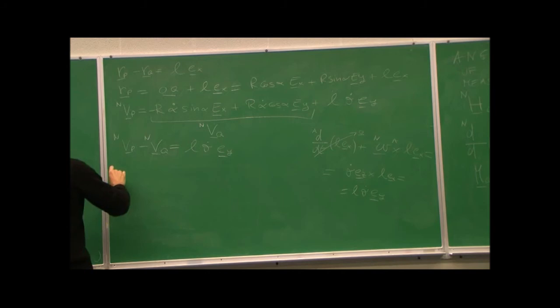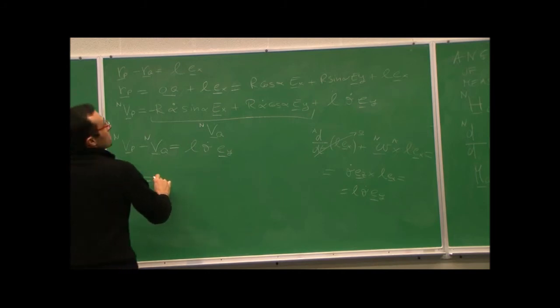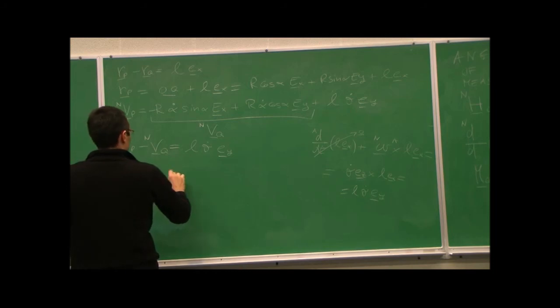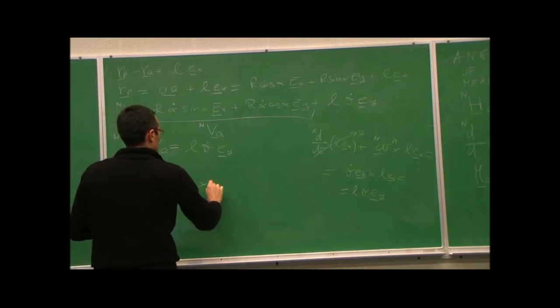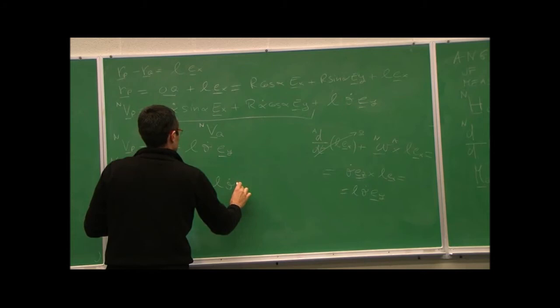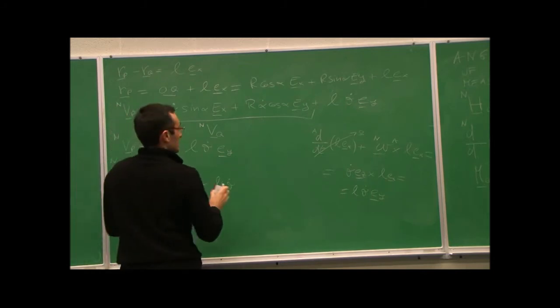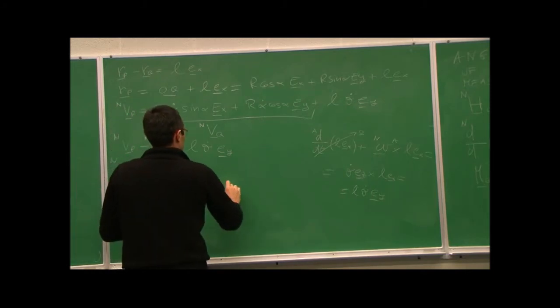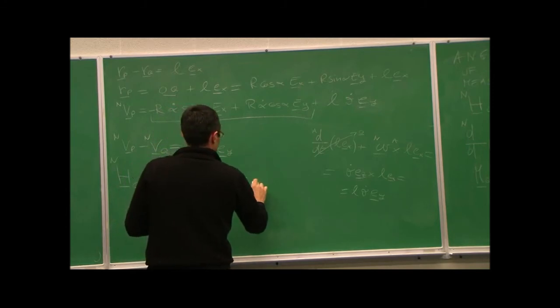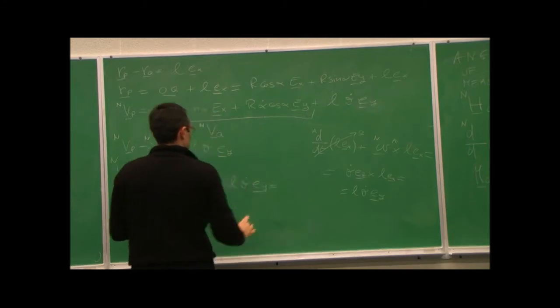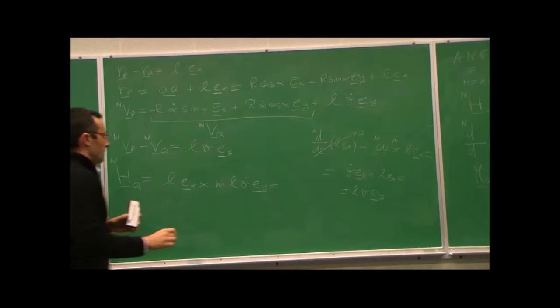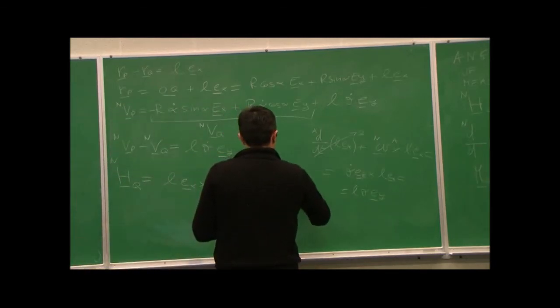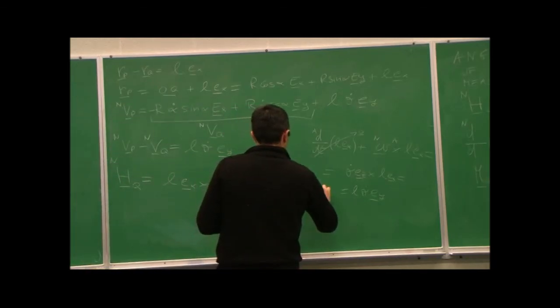And so my HQ in N is L Ex crossing L theta dot. There's a mass missing, right? Yes. M L theta dot Ey, which is what? M L squared theta dot Ez.